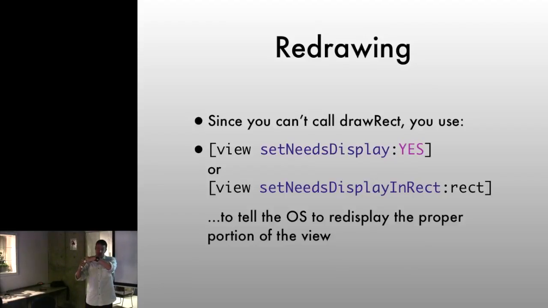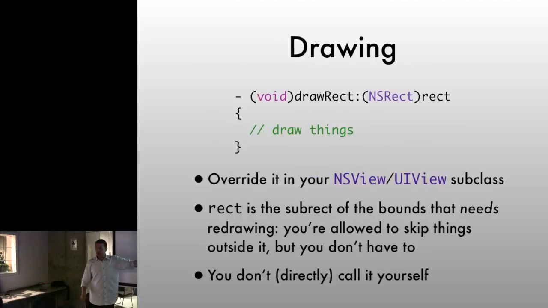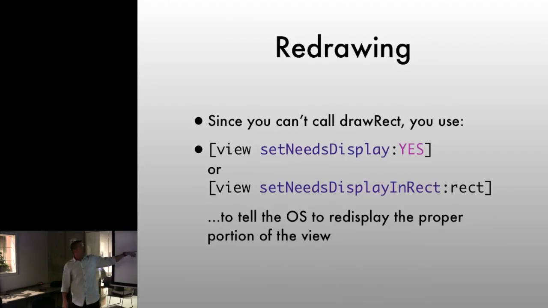You can pass a specific rectangle, and your drawRect will be called with just that rectangle. It's all timed so that it works in conjunction with the window manager, so that things aren't drawn out of sequence. If there's a window in front of you, you aren't ever allowed to draw over the top of some other application's window. There is a way to short circuit this with setNeedsDisplay no, which I will let you explore on your own.